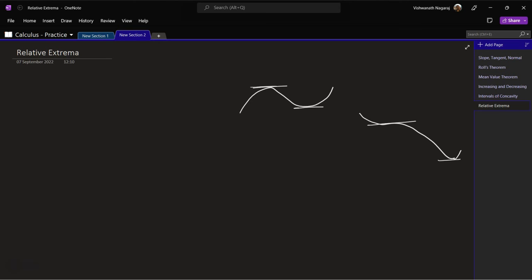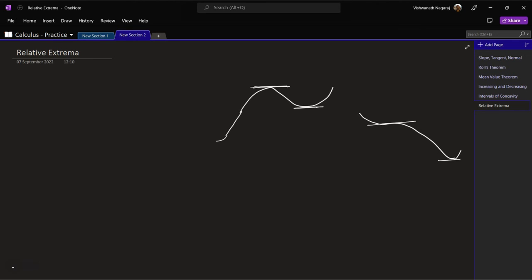Now, what we have to figure out here is what are the lowest points, that is the minima, and the highest points, that is the maxima, right? So usually these are the points that will be minima or maxima.